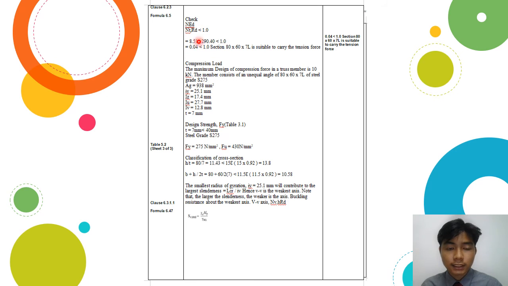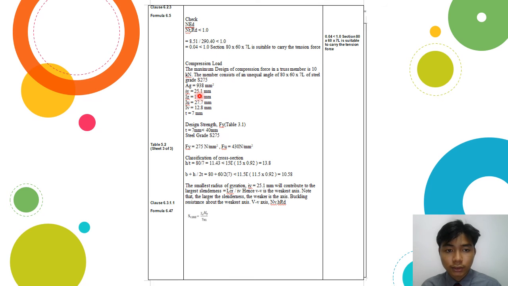NEd is the maximum tension, so we got 8.51. NEd over NtRd, 290.40, smaller than 1, so we got 0.04, smaller than 1. It is suitable to carry the tension force because it is smaller than 1.